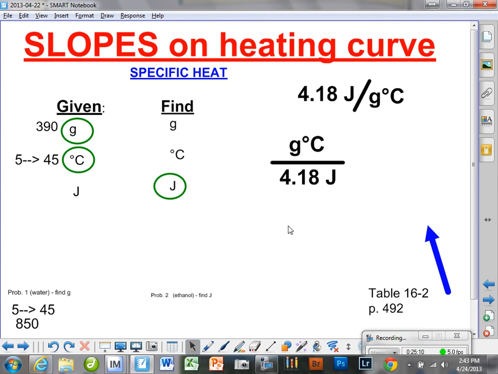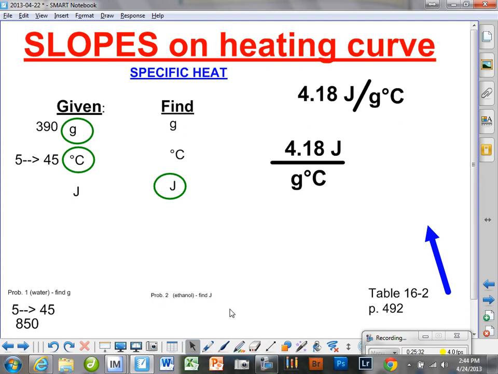Okay, so I've got it upside down? Notice I can turn it upside down and it's still equal to 1. See, this is 1 and this is 1. So it doesn't matter who's on top so far as its value, and I have to put the joules on top because that's what I want at the end.